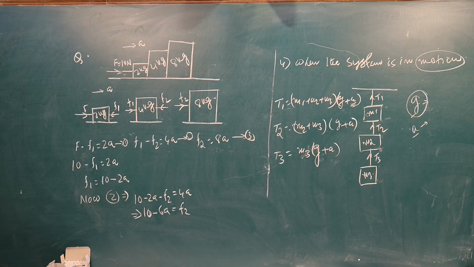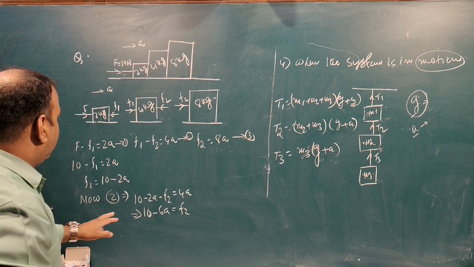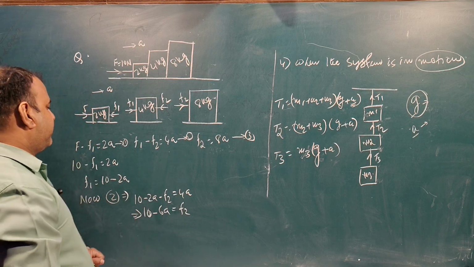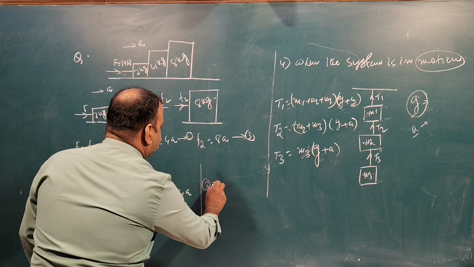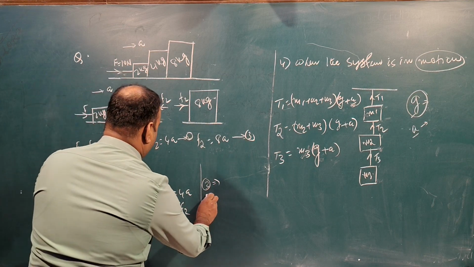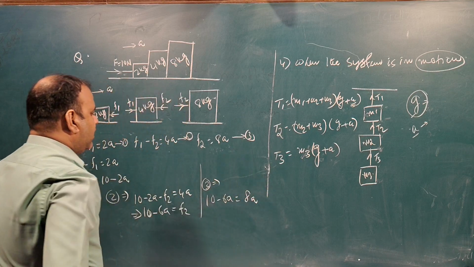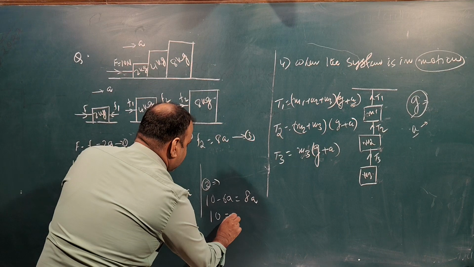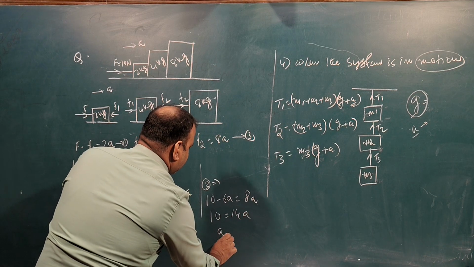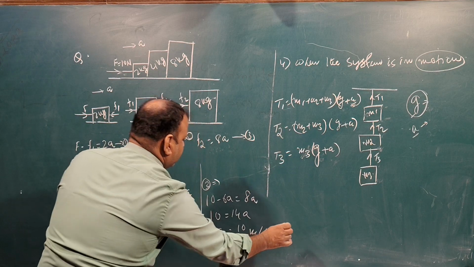That means F2 is equal to 10 minus 6a. Now from equation 3, F2 is 10 minus 6a is equal to 8a. So 10 is equal to 14a, and a is equal to 10 by 14 meter per second square.